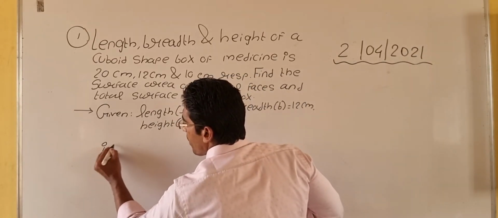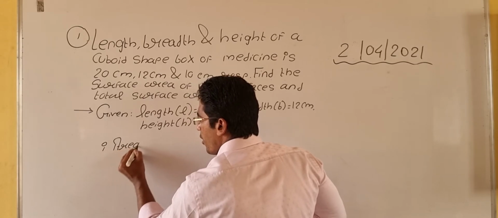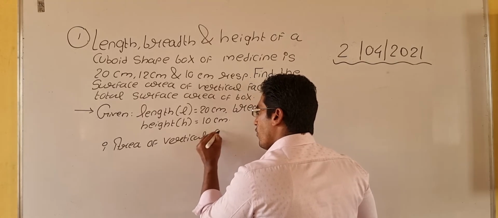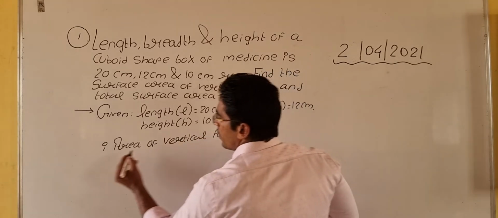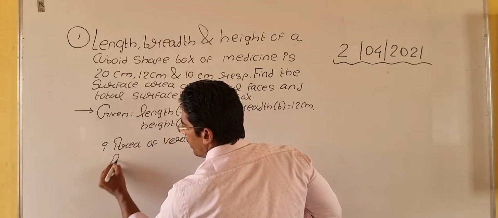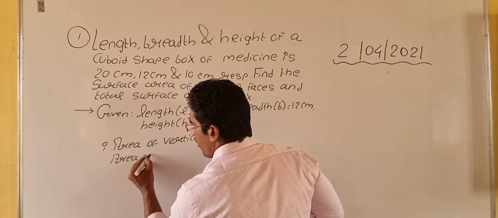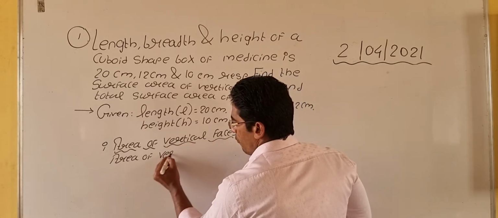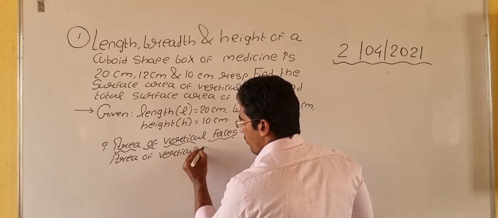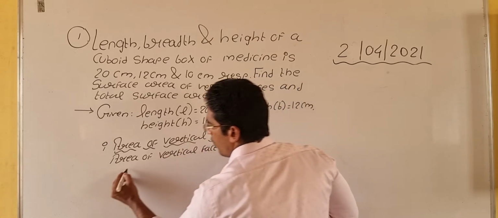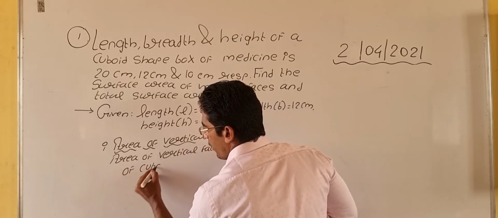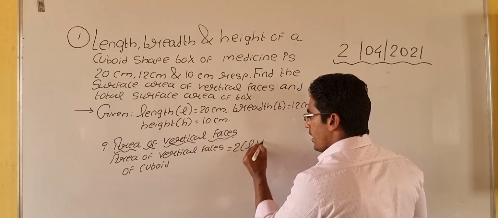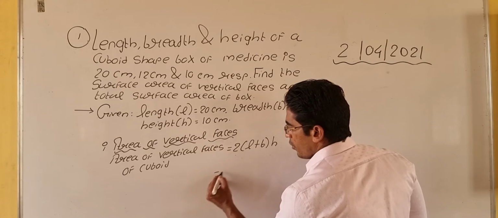So number 1, area of vertical faces. What is the formula for area of vertical faces of a box? Area of vertical faces of cuboid, we have seen the formula: 2 in the bracket L plus B into H. 2.